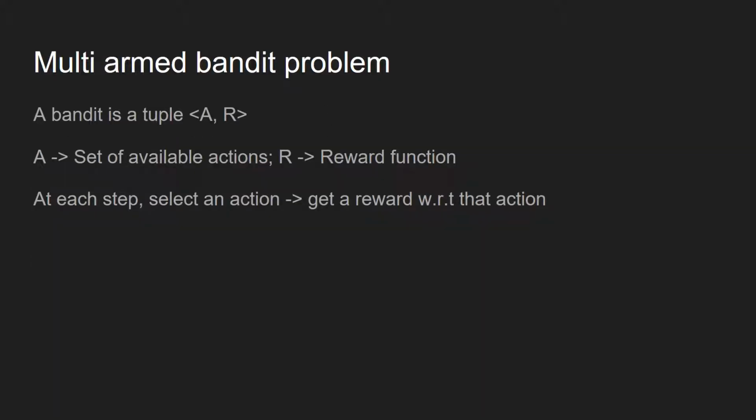Now let us see the mathematical definition of the multi-arm bandit problem. A bandit can be considered to be a tuple ⟨A, R⟩, where A is a set of possible actions and R is our reward function. Let's say we have some n reward probabilities. For a Bernoulli bandit, at each time t, we take action A from the set of possible actions, and the reward function R may return 1 or 0 based on the interaction of our action with our chosen state probability.